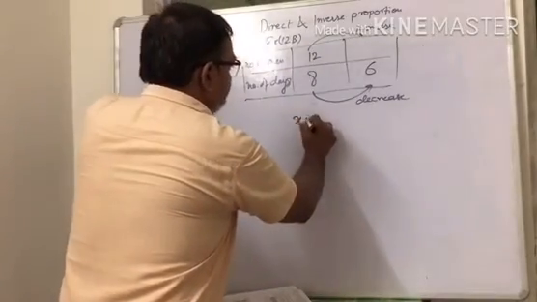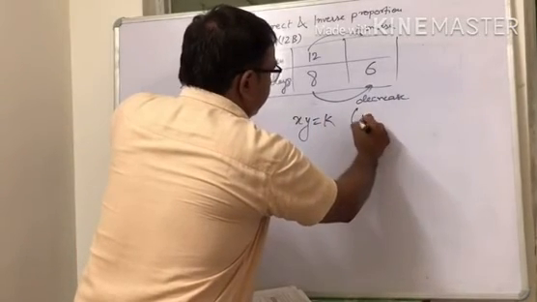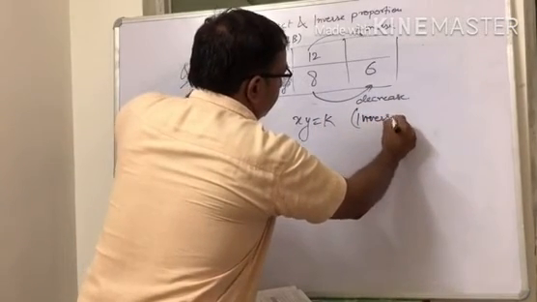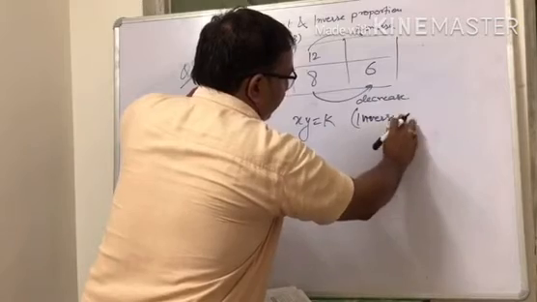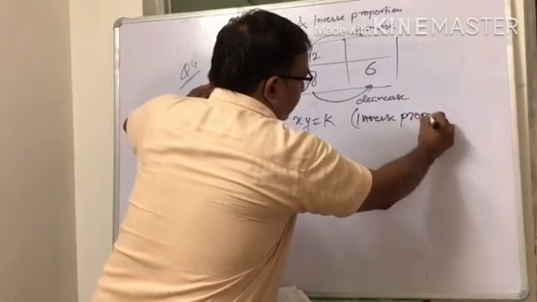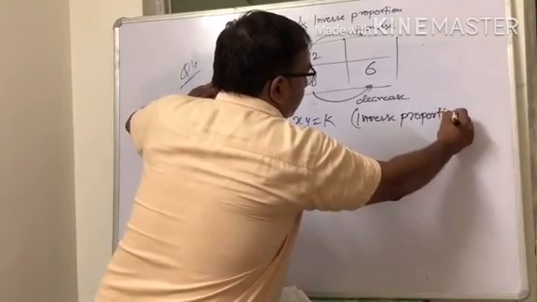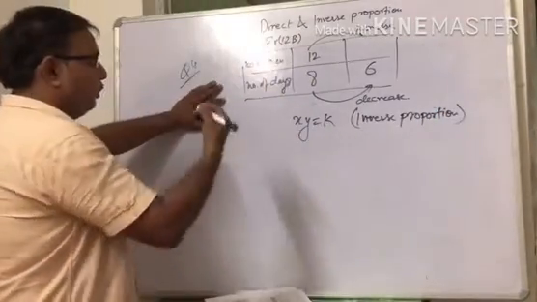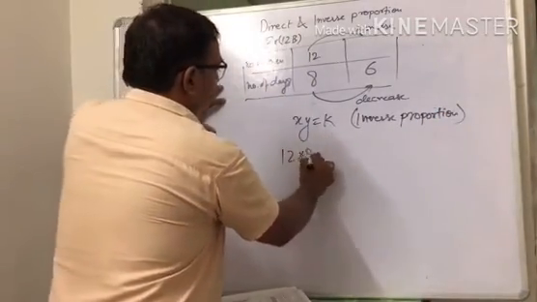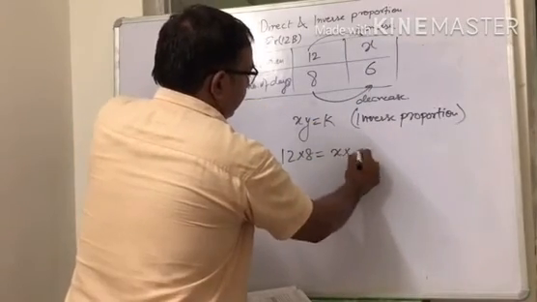So it is xy is equal to k, inverse variation, inverse proportion. Variation is basically the same. So it will be 12 times 8, which is equal to x times 6.